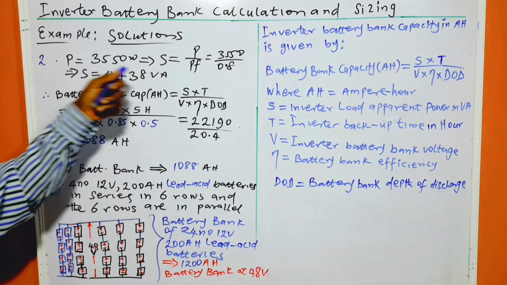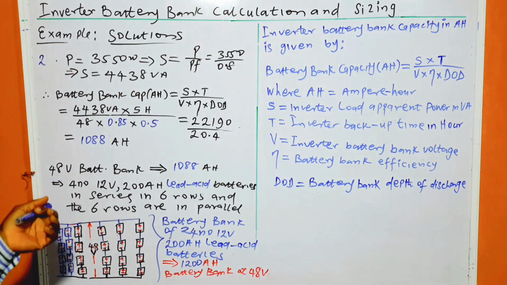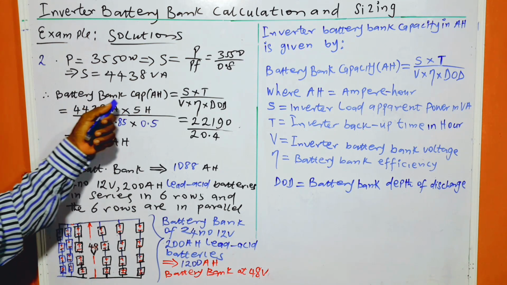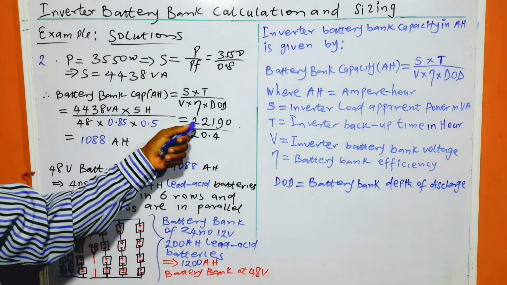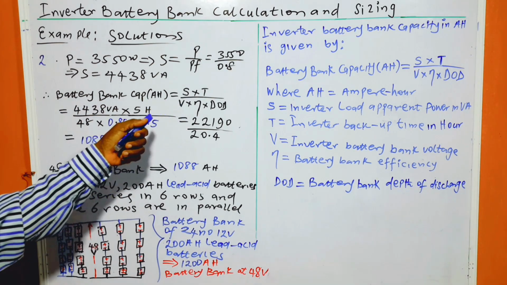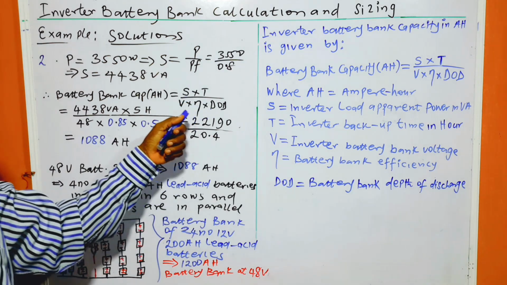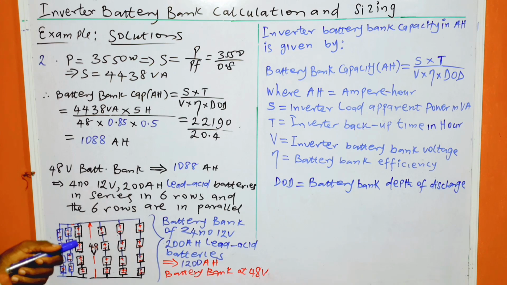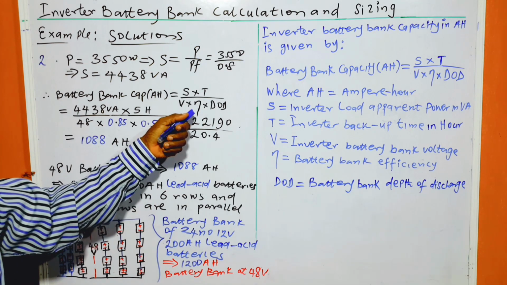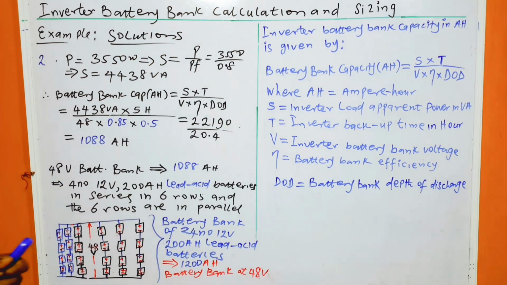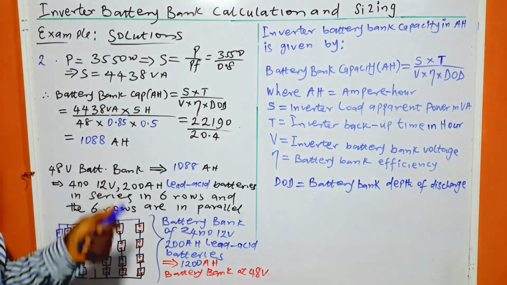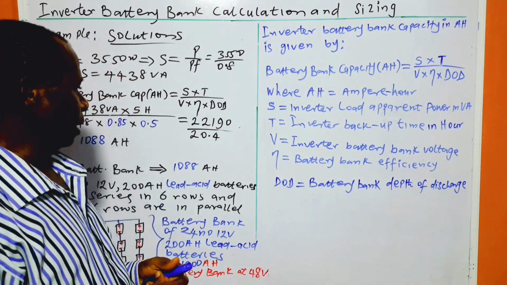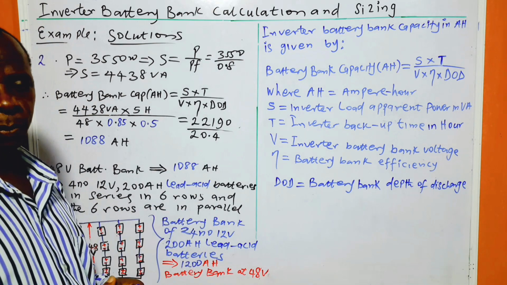Now the second part of the question, that is number 2. The active power is the same, just like the first part. Now what makes the difference is the DOD, as well as the efficiency. The DOD, that is the depth of discharge of a lead acid battery, is usually 50%.